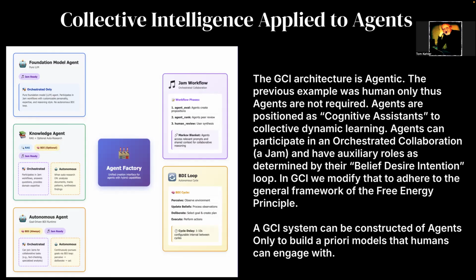These agents can either run autonomously, or they can participate in the orchestration process that we just showed, where they are actually participants in a collaboration along with humans, where they will answer the questions, give their predictions, give their reasoning. They can even rate and rank and cite each other's reasoning.